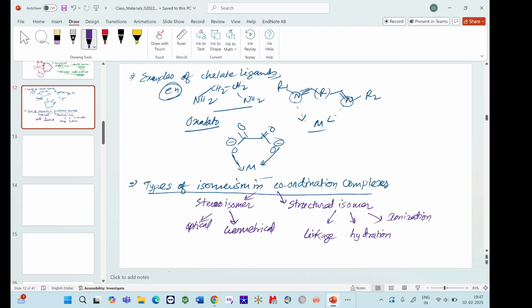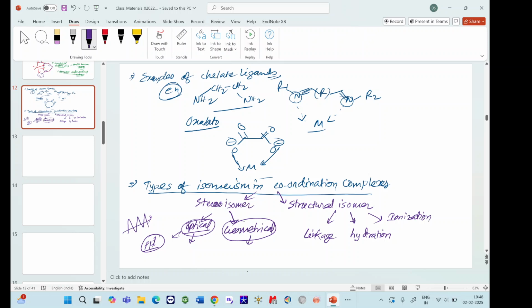Optical isomer is in terms of their optical property. If you pass plane polarized light, the light that is oscillating in just one direction, it can rotate the plane of polarization of that incident light. It can be either dextrorotatory or levorotatory. Depending on that, this optical isomerism term comes. Then you have geometrical isomers for a specific kind of geometry.